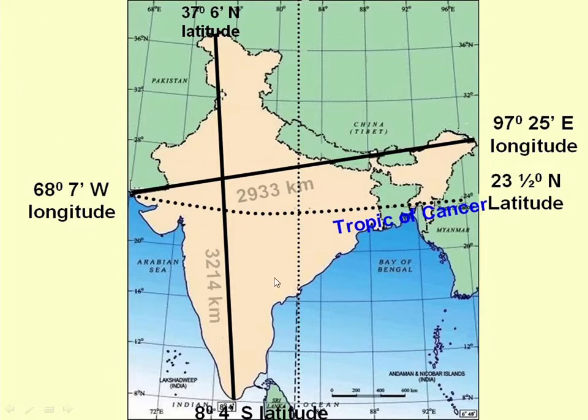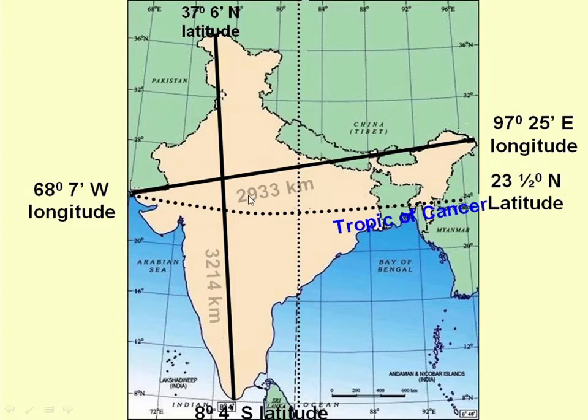Next, the longitudinal extent. India is lying in the eastern hemisphere, so we have to write 68 degree 7 minutes east to 97 degree 25 minutes east. The westernmost longitude of India is 68 degree 7 minutes east in Gujarat, and the easternmost is 97 degree 25 minutes east in Arunachal Pradesh.